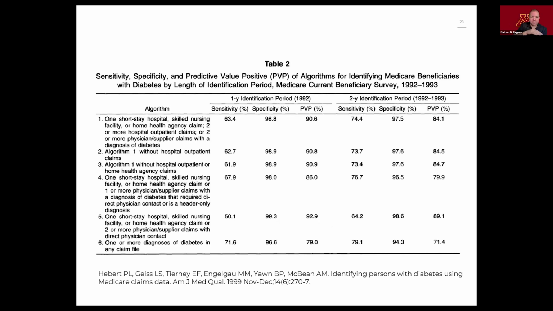So this is their basis for finding. And I would say that first algorithm, algorithm number one, is really the one they found to be their go-to approach, and it has been built into a lot of design since then.